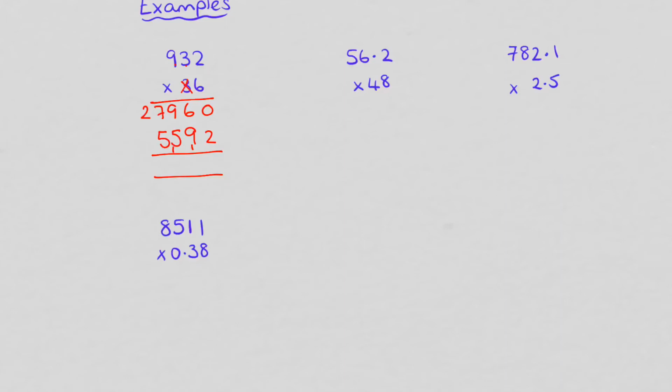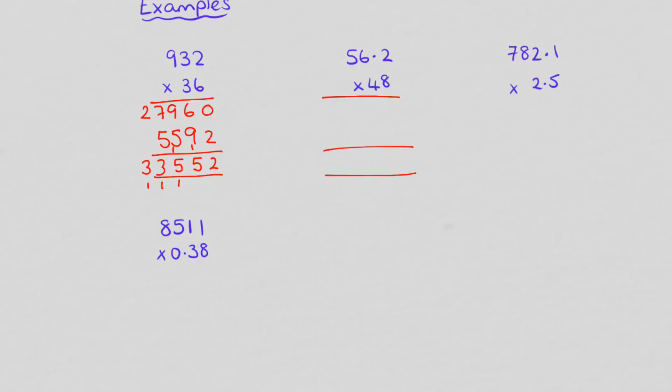And then we add, so 0 add 2 is 2, 6 add 9 is 15, 9 add 5 is 14, add 1, 15, 7 and 5 is 12, add 1, 13, and 2 and 1 is 3. So the answer, because we didn't have any decimal points in this question, is 33,552.